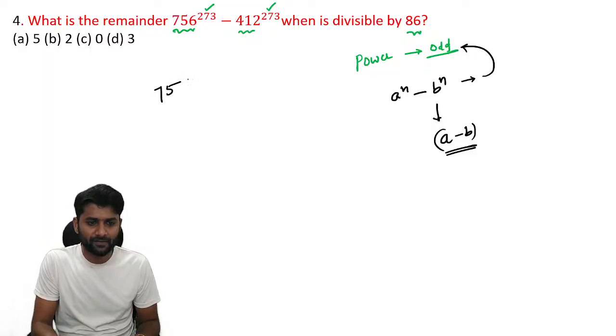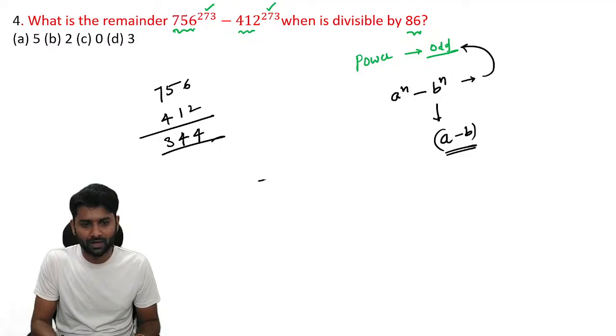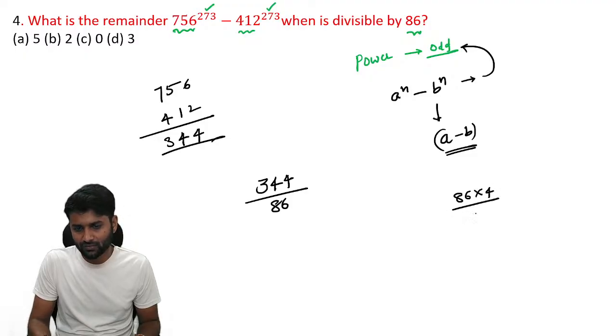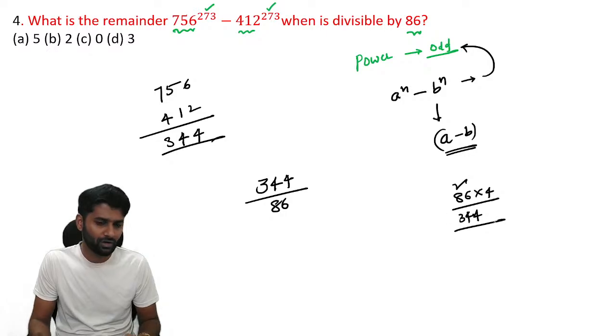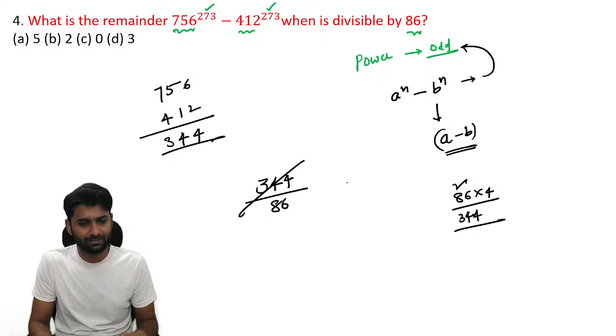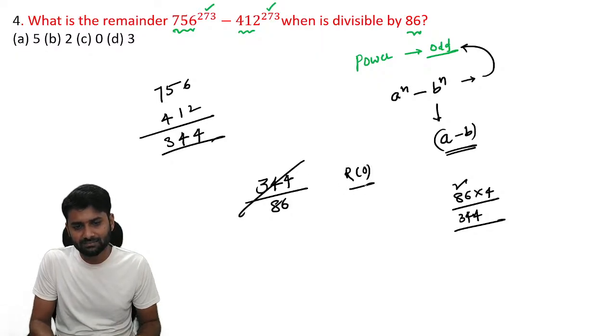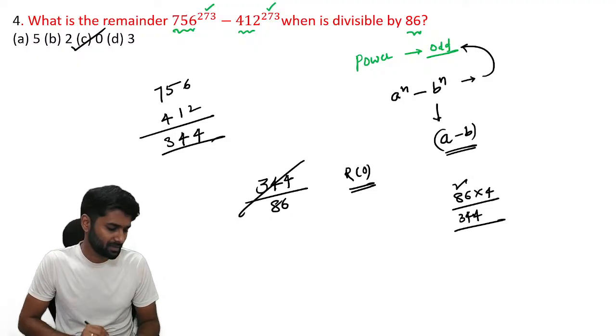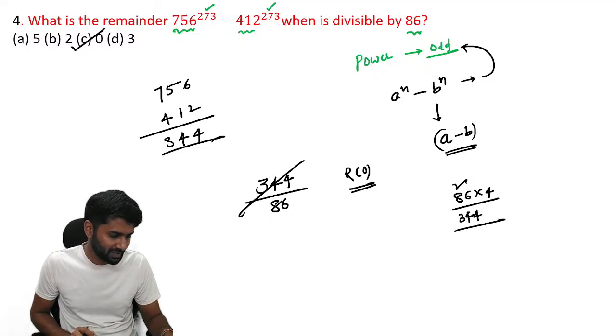Now 756 minus 412. Find the difference: 4 units, 4 units, 3 units, 344, right? Now 344 is divided by 86. Let's find the quotient. 86 into 4: 6 into 4 is 24, 8 into 4 is 32, then 344. It means 344 is exactly divided by 86, and no remainder is left.